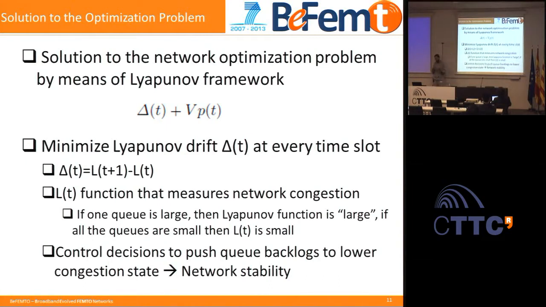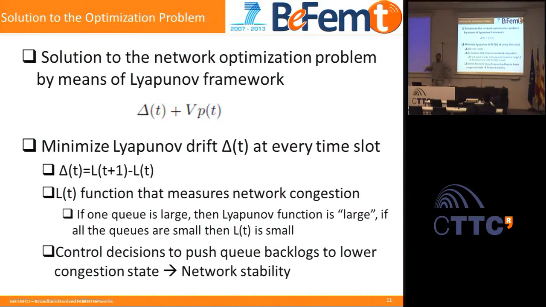It's defined in a way that if you have a single Q which is quite backloaded, then this L function is quite high. For having a low L, you would have all the networks' Q backlogs quite low. Otherwise, it will be high. That's the message. So what they did to stabilize the network was to greedily take decisions at each time slot to go to a lower congestion state.